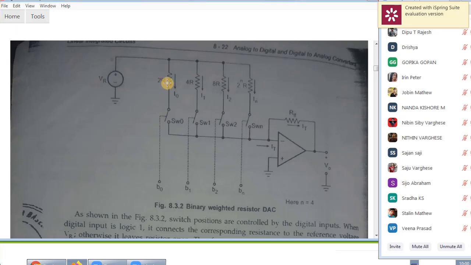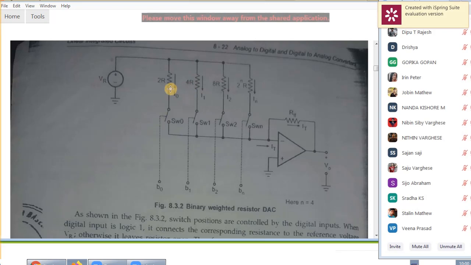The first resistor's value is 2R, that is 2 power 1. Next resistor is 2 power 2, which is 4R. The next is 2 power 3, which is 8R. Like that it will continue.